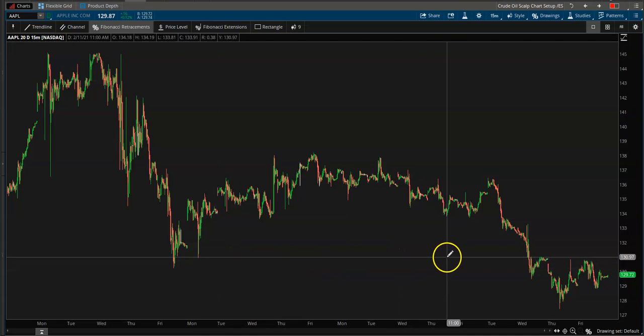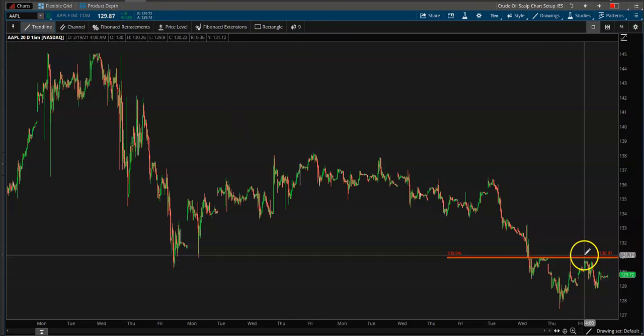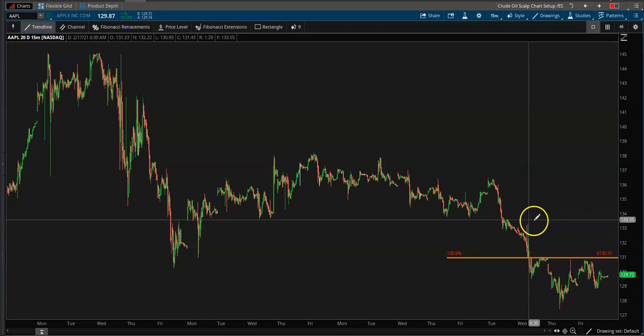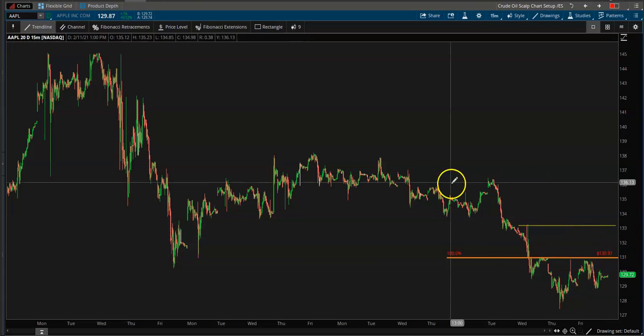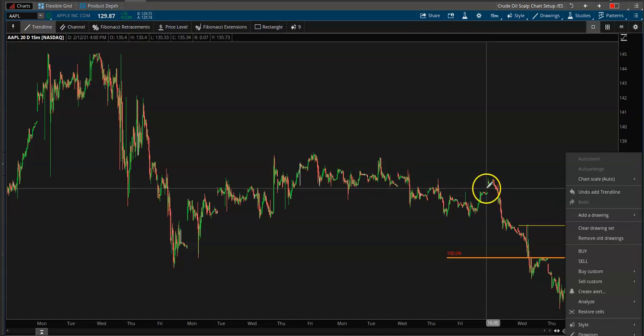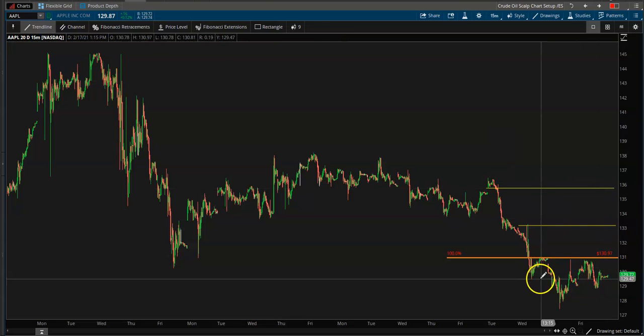We could see right here, if Apple breaks back up above this 131 level, I'd probably look to get long up to about the 133. That might take a couple days, but that would be my first target. My second target would probably be somewhere up around this 135, 136 level.